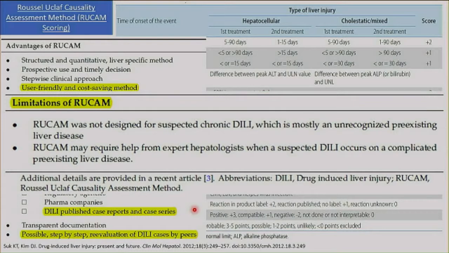So this score can be used if we already know that the person had chronic liver disease previously. But in some conditions, sometimes we cannot differentiate whether this is DILI or an acute condition in chronic liver disease. We need the opinion of an expert hepatologist.